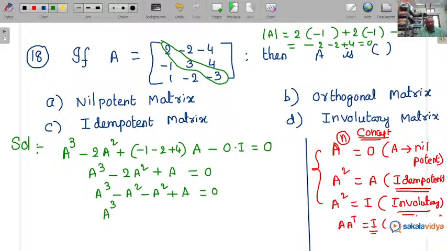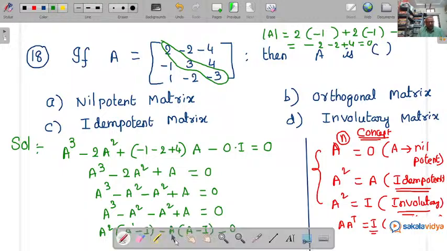So we can write A cube minus A square and minus A square plus A equals O, null matrix. So here A square common, we have A minus I, and you can take minus A common out to get A minus I equal to O.